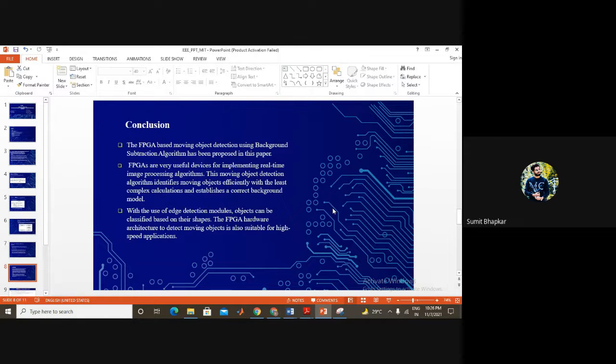This moving object detection algorithm identifies the moving object efficiently with less complex calculation and establishes a correct background model. With the use of edge detection modules, the object can be classified based on their shapes. Also, the FPGA hardware architecture used to detect moving objects is suitable for high-speed applications.